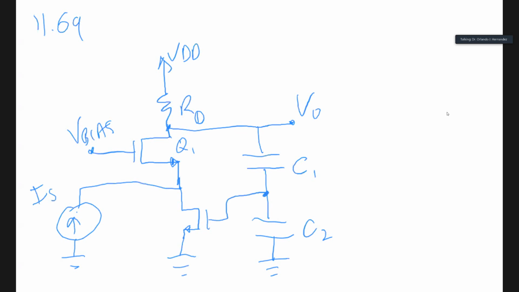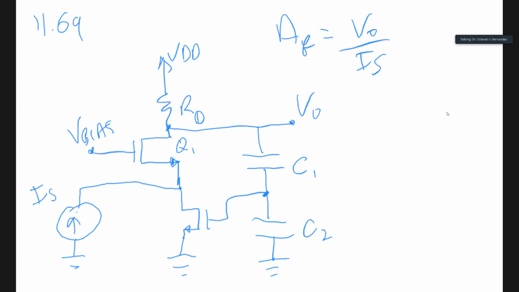So this is a transresistance amplifier. So we have eventual feedback gain, which is going to be VO over IS.